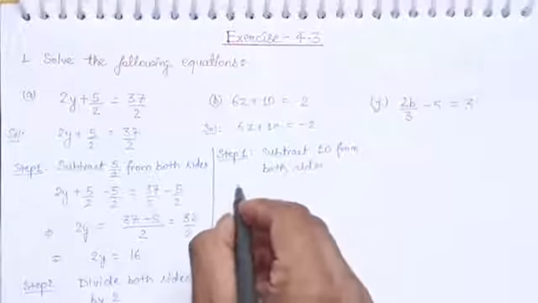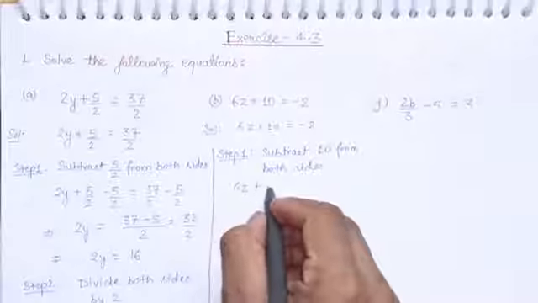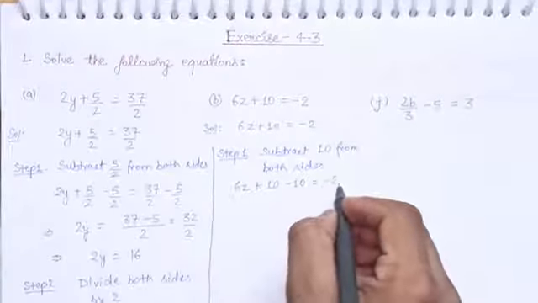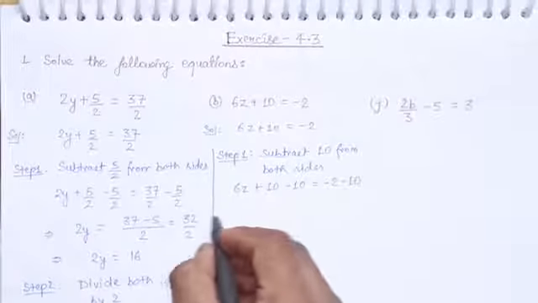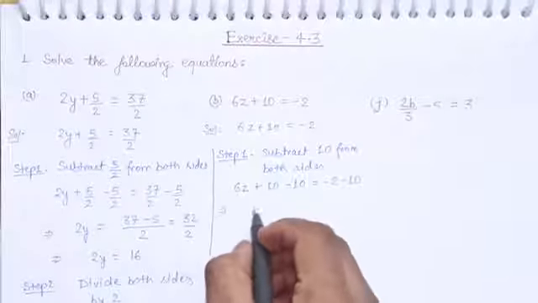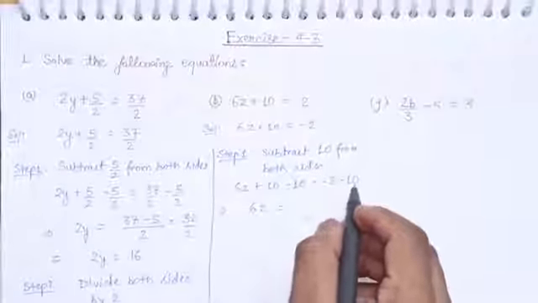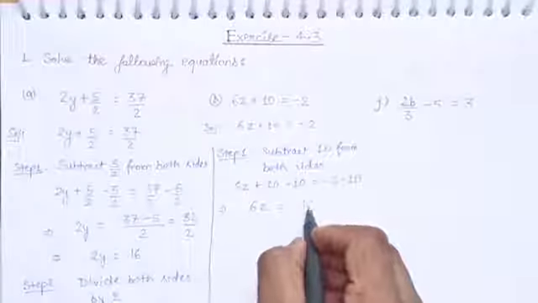So what we can write? 6z plus 10 minus 10 is equal to minus 2 minus 10. So it implies that 10 and 10 are cancelled out. So we have only 6z equals to minus 2 minus 10, which comes out to be minus 12.